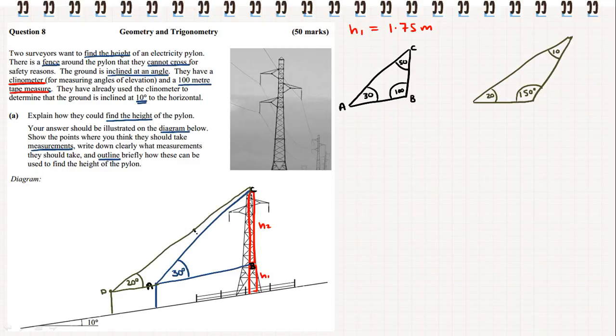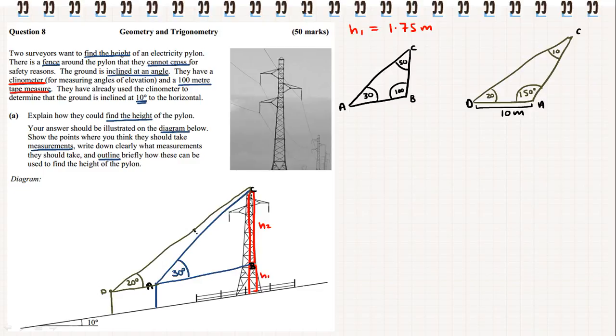If we look at this triangle that we have now, we have the triangle DCA. Let's consider what sides we can find here. We can find the measure from D to A, that length, because we have our measuring tape. Let's say that's 10 meters.